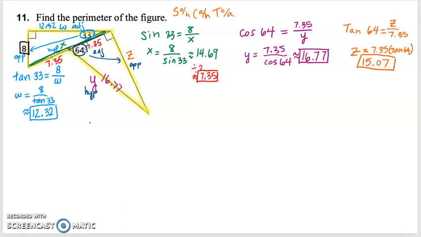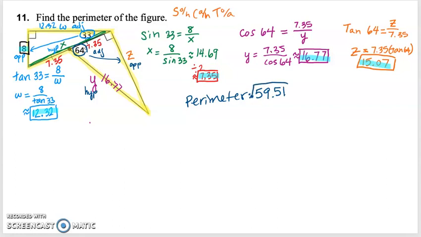So we need to add up here 8 plus 12.32 plus 7.35 plus 16.77 plus 15.07, and if we do that, we should get that the perimeter is, I got 59.51.